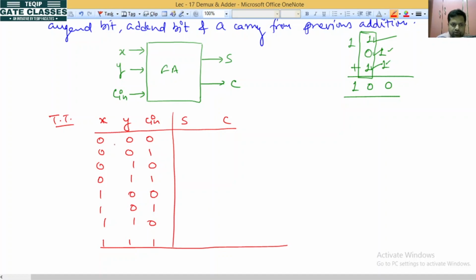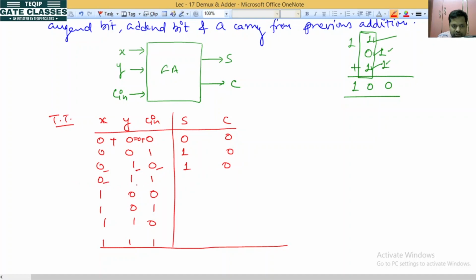तो इफ़ यू परफॉर्म सम, तो सबसे पहले आप क्या करो, इन दोनों को x प्लस वाई करो, देन जो भी आंसर आए यू कैन ऐड सी इन, तो 0 प्लस 0 इज 0, 0 plus 0 equal to 0, then you plus with the 0, you will get 0, 0. 0 plus 0 is 0, 0 plus 1 is 1, so you get 1, 0. 0 plus 1 is 1, 0 plus 1 is 1, and plus 0 will be 1.